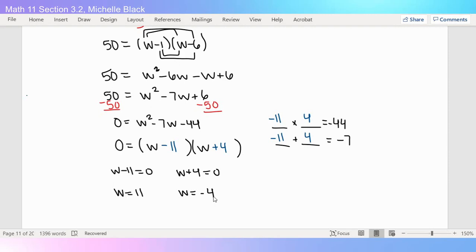But remember, we're doing an actual real-life problem, and w stands for the width of our cardboard. Can I have a negative width? I don't think so. So I'm going to get rid of this option because we don't want any negative widths. Okay, so we're choosing our width of our piece of cardboard to be 11.